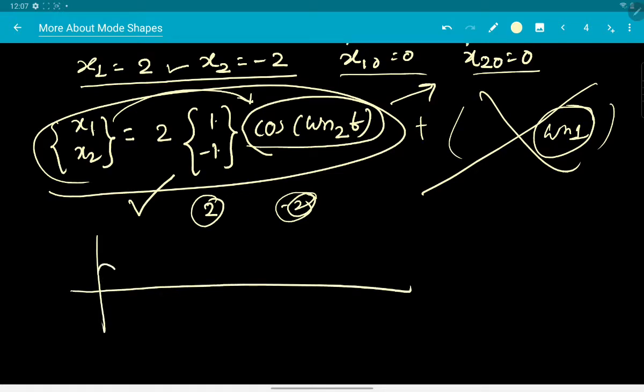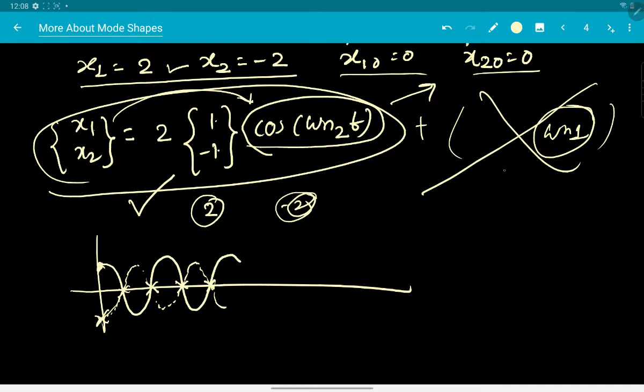So if x1 is like this, then x2 would be like this. Both of them cross the mean positions simultaneously. When mass number 1 goes to its extremity, mass number 2 goes to the other extremity at that time.